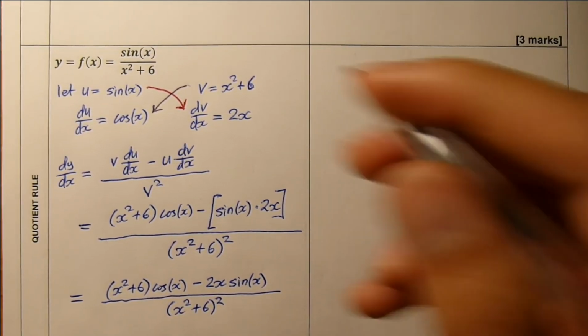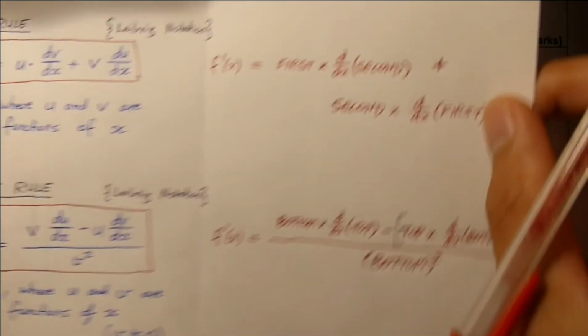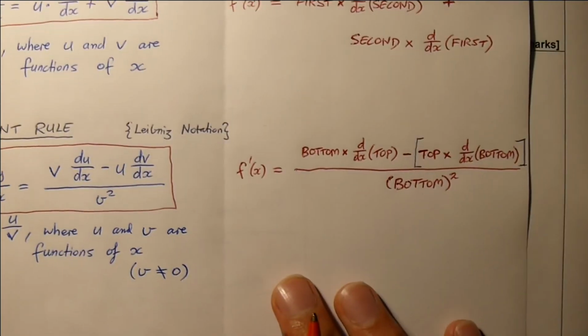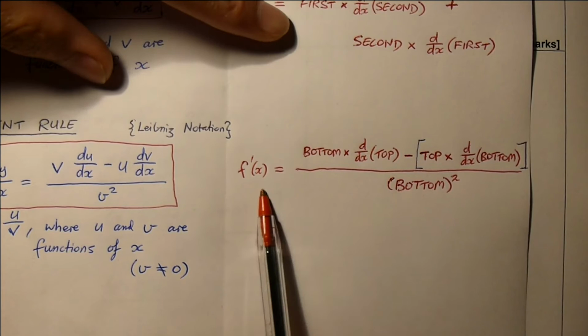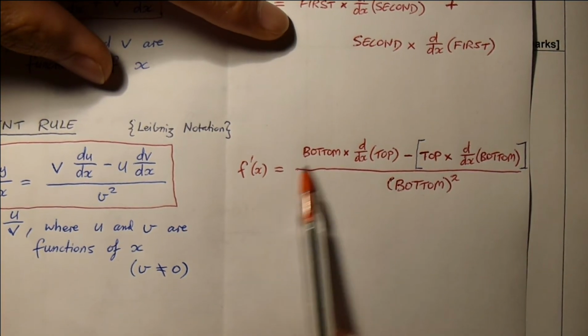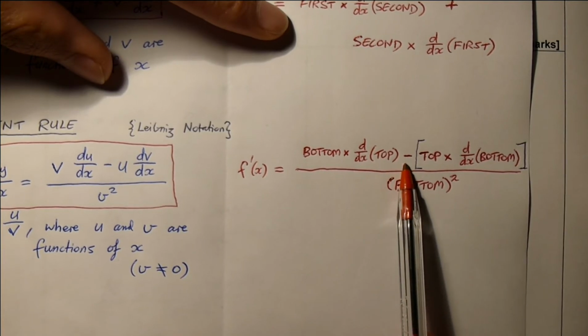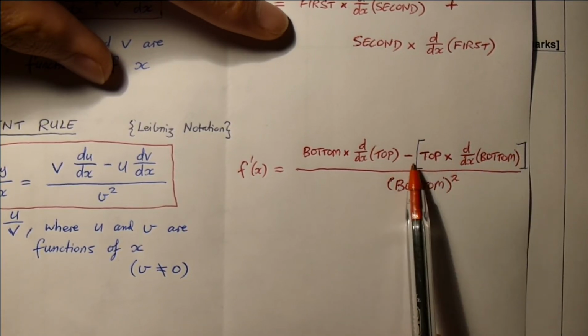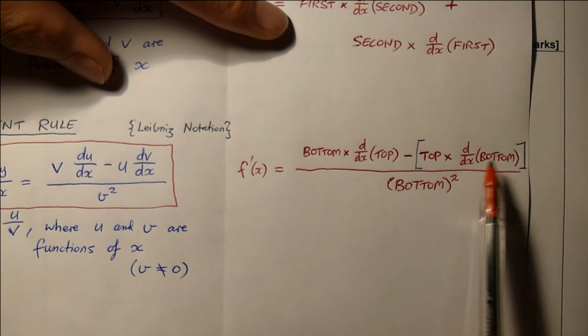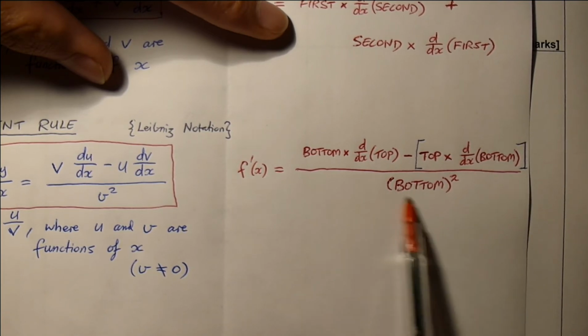Finally, let's do it the quicker way. So to find this derivative, what I'm going to do now is say bottom times the derivative of the top minus, watch out for your brackets, top times the derivative of the bottom, all over the bottom squared.